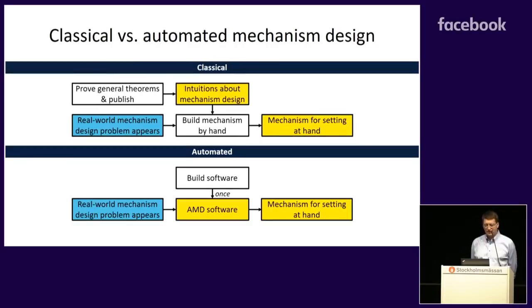All right, so here's a picture of classical versus automated mechanism design. In the classical approach, you prove general theorems, possibility results and impossibility results.